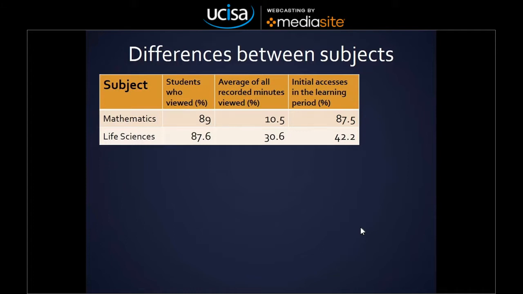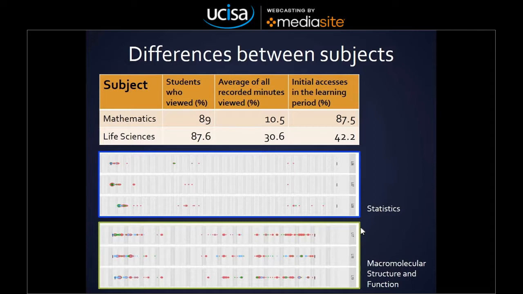So in Maths, it was very much used in the learning period, just around the time of the lectures, 87% use in the learning period, and in Life Sciences, 42% in the learning period, with most of the use being in the revision period. So these are large differences between different subjects.